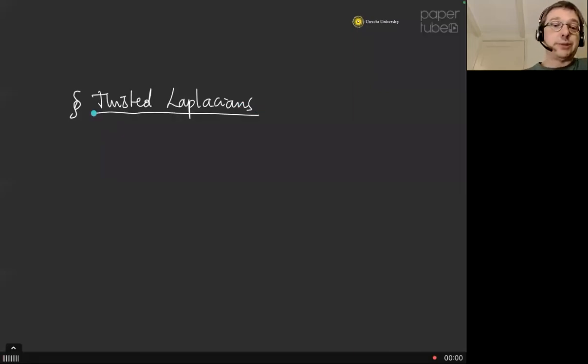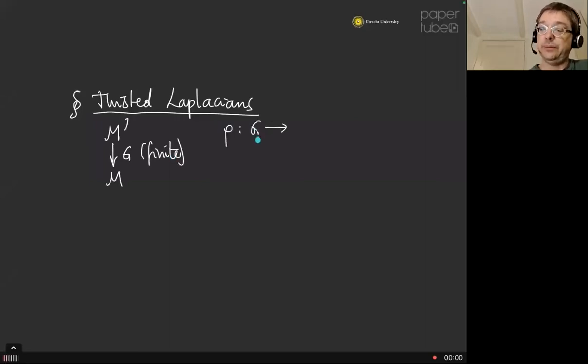And this is maybe best explained, and this is the only thing that I'm going to need, by looking at, not the same cover we had before, but just an arbitrary finite group cover of Riemannian manifolds. So you're given such a cover, and you're given a representation of G. Let's write this representation of G by complex matrices.